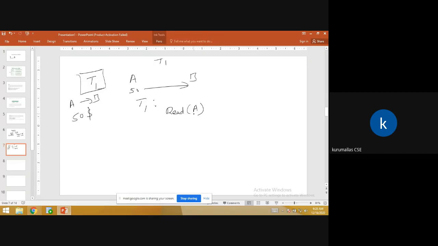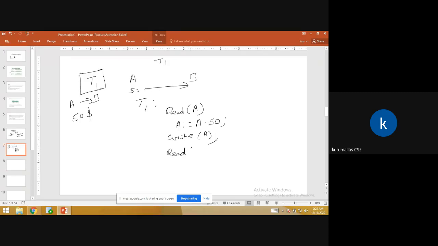If the amount is there, then A := A - 50, we debit 50 from the account, and then we have to update that amount in account A, write of A.